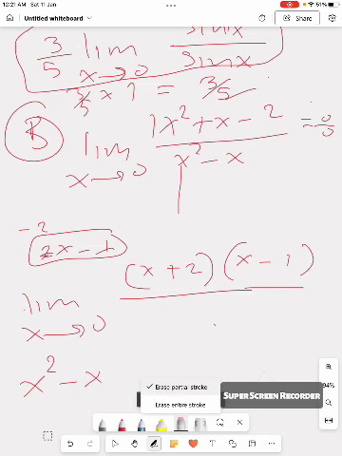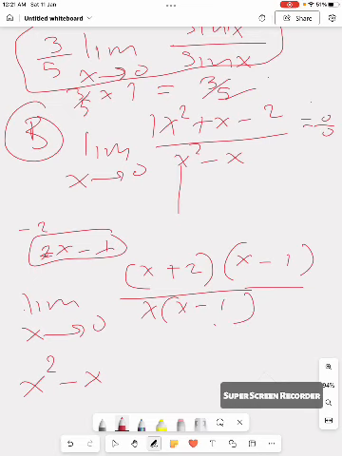Let's bring x outside. X minus 1. So I just factor x out. So this cancels this one. Okay, so I'm left with, this cancels this. 0 plus 2, 0 plus 2, divided by.